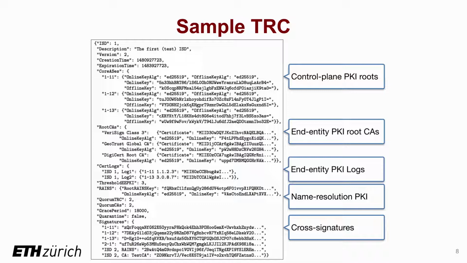In this example, we have a VeriSign, a GeoTrust, and a DigiCert certificate. We also have identity PKI logs, which I'm going to explain later in this video, as well as in a separate video that is specifically on the entity PKI. The root of trust for the name resolution PKI is listed next. And finally, we have cross-signatures by neighboring isolation domains, which we're going to see in the next slide.